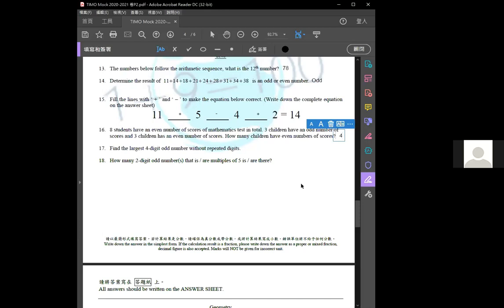But in this case, imagine there's a prerequisite that 3 children have an odd and 3 children have an even. So that means at least 3 of them are odd and at least 3 of them have an even. So the only choice is 4 and 4. It's like 4 students with odd, and when we combine together, the total score in the end will become even as well. So that means there are 4 odd and 4 even. When you have 4 odd, 8 minus 4 is 4. So there are 4 students with even.